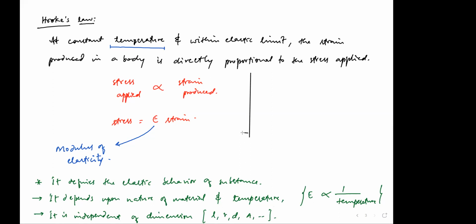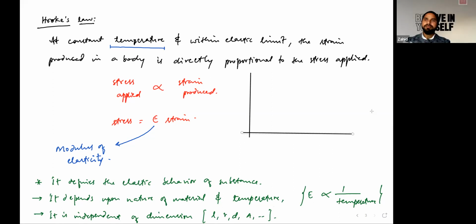Now we can define a graph related to this relation. Since stress is directly proportional to strain, for direct proportionality the graph will be a straight line like this. This is the amount of stress applied, and this is the corresponding deformation, the strain. If you rearrange this equation, you will get E equals stress divided by strain.